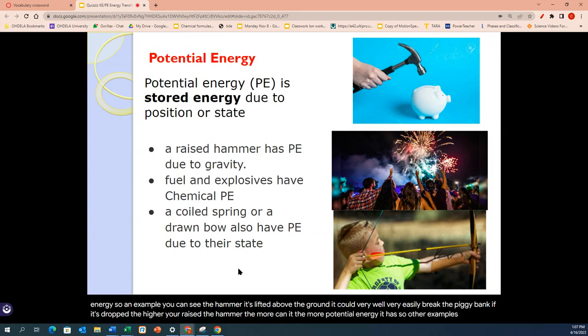So other examples are fuel for your car, explosives during the 4th of July. Even the food that you eat is stored chemical energy. A coiled spring or pulling back on a bow is due to the state. So something springy, moving it, stretching it causes a position change.